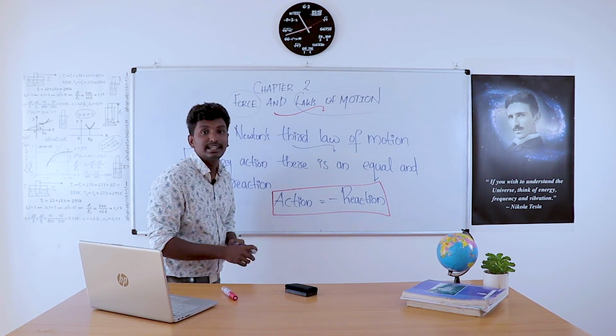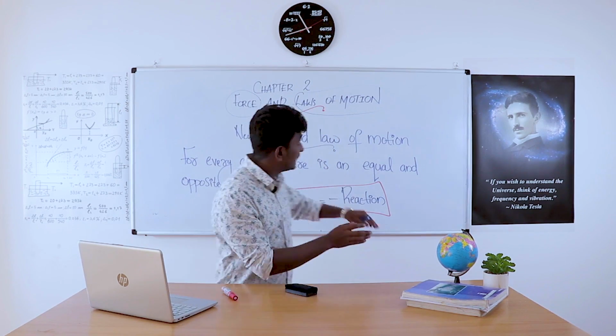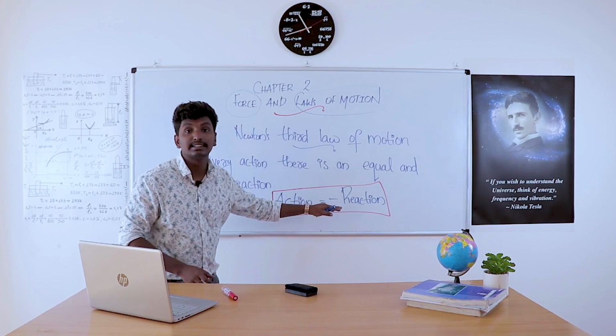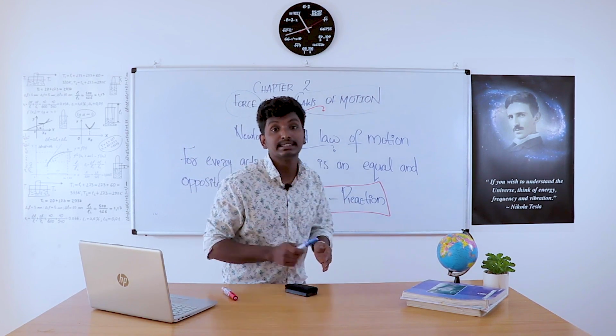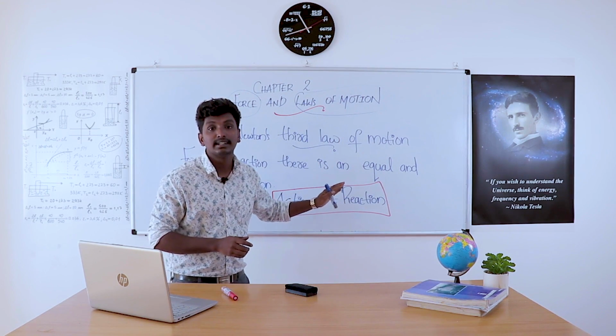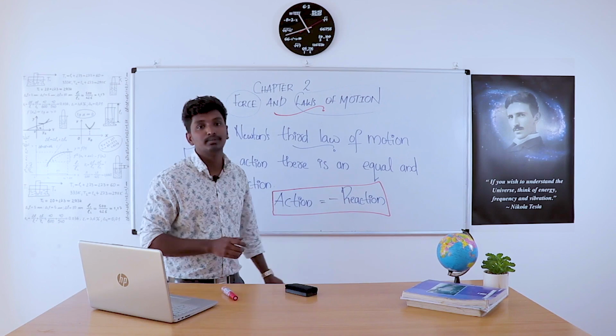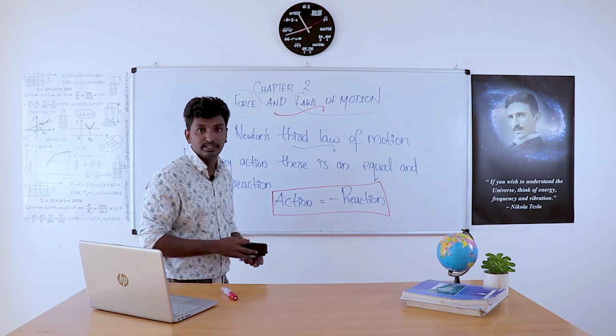That's Newton's third law of motion: for every action, there is an equal and opposite reaction. That is, action is equal to minus reaction. They don't cancel each other because they are acting on different bodies.